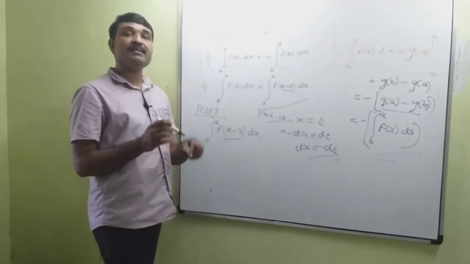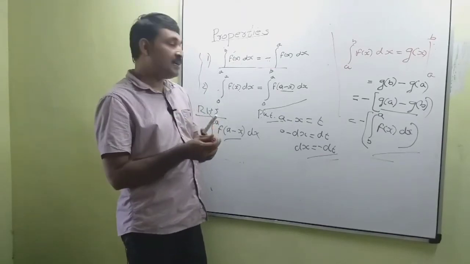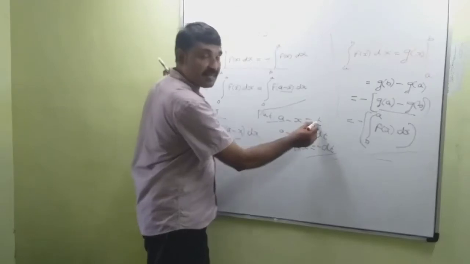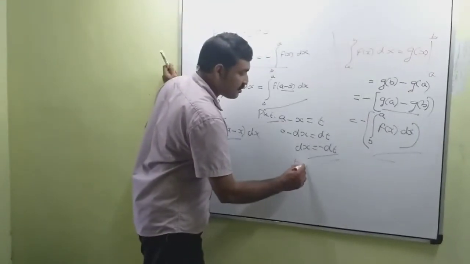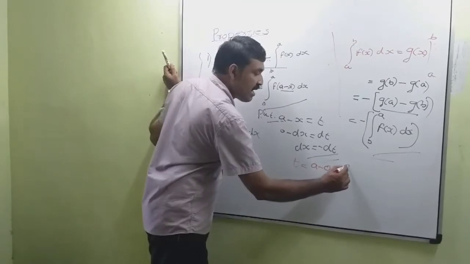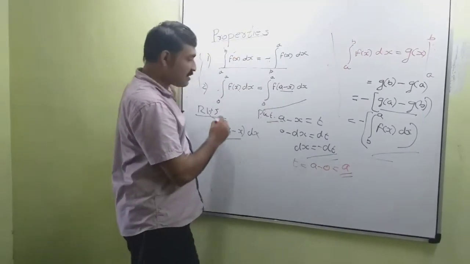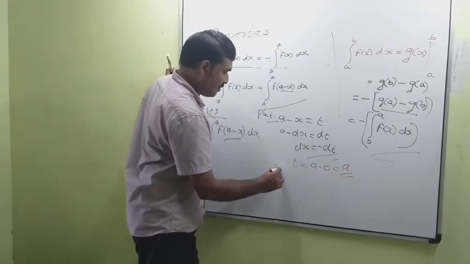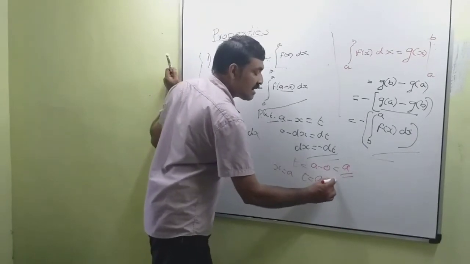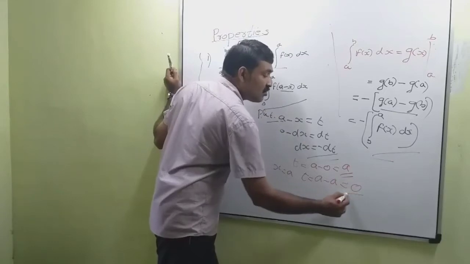Now change the limits of integration. That means when x is equal to 0, what is t? t is equal to a minus 0, that is equal to a. When x is equal to a, t is equal to a minus a, that is equal to 0.